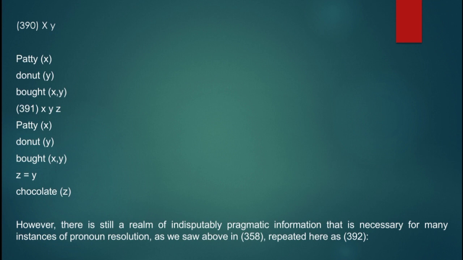So that then is the meaning of the second sentence: that the donut referred to in the first sentence was chocolate. In short, DRT appears to give the right result and has the advantage that the meaning given for the second sentence is able to access the referent of it, a crucial element of the meaning of the sentence.